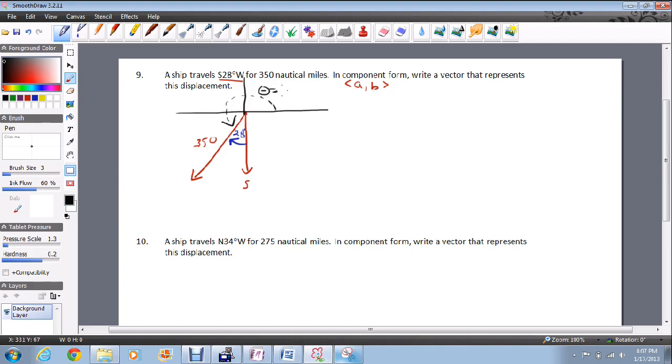Pretty easy. So if this angle in here is 28 degrees, we know all the way to the south pole line would be 270 degrees. But I have to take that away. So 270 minus 28 gives us a theta measure, an angle measure, of 242.